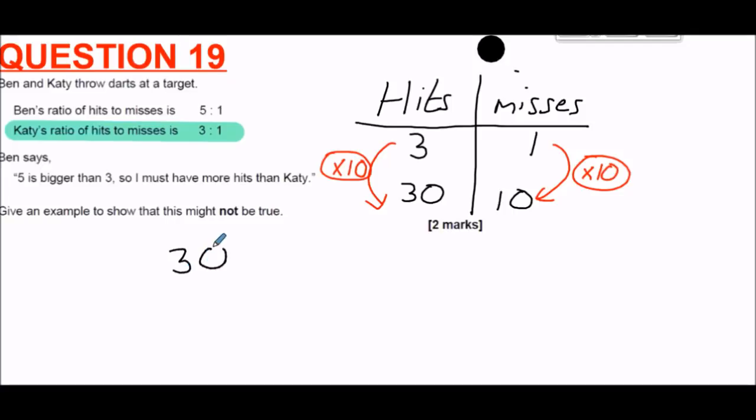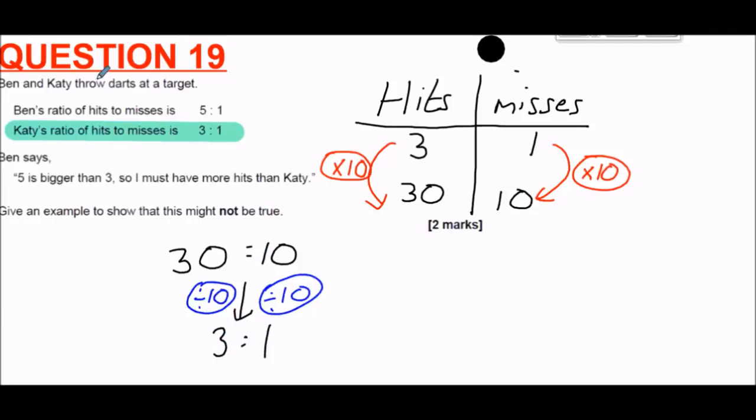Now 30 hits and 10 misses would simplify down to 3 to 1, because we can divide both sides by 10, do the opposite thing to what we just did above. So it's possible that in terms of actual hits, Katie may have had 30 hits and 10 misses, which would still give her a ratio of 3 to 1.